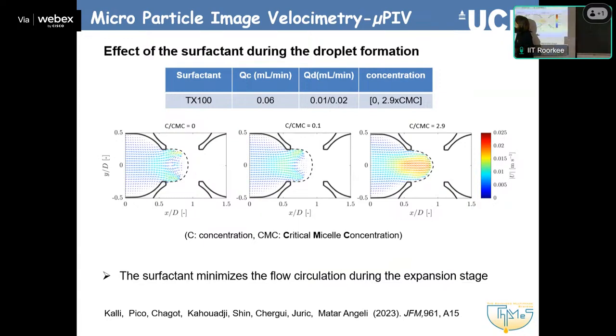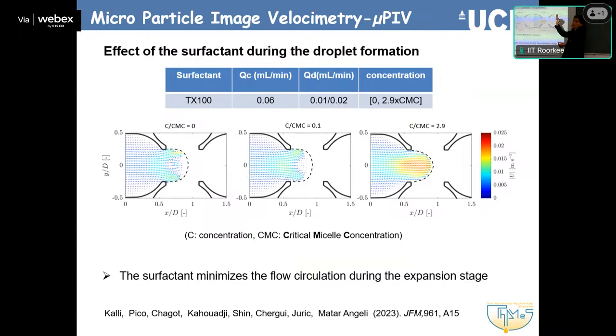Here, as the drop forms, you get this recirculation. Once the surfactant is a little bit higher, you still see it, maybe not as much. But what is interesting is that once you have a high surfactant concentration, the drop behaves like a solid body. It just moves forward.